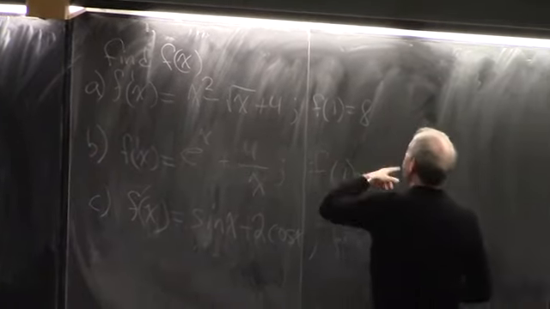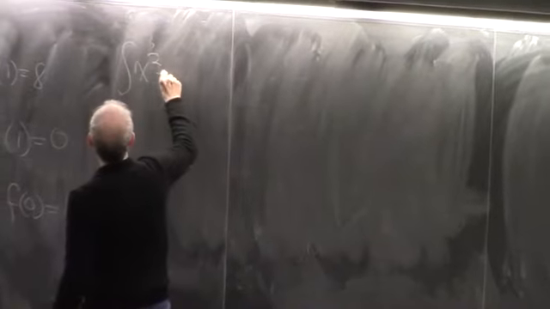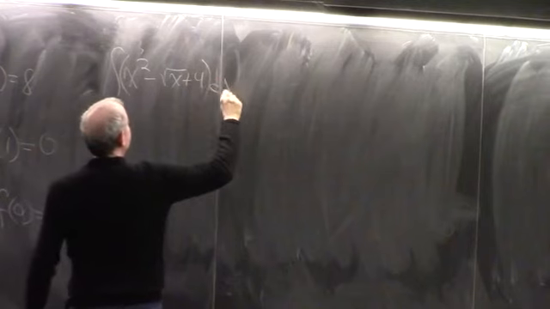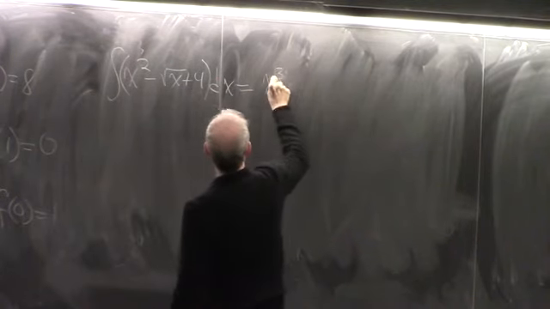So if we want to find f of x, we integrate that. The integral of x squared minus radical x plus 4 dx is x cubed over 3.